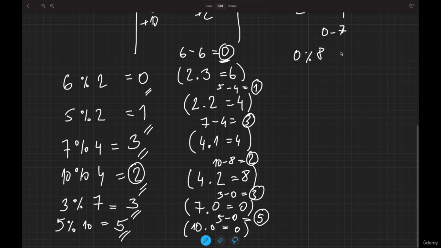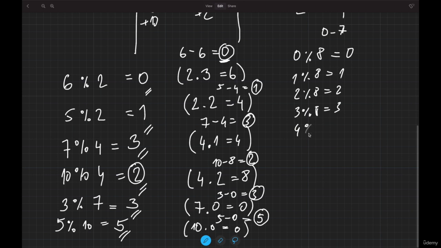So 0 modulo 8 is 0, 1 modulo 8 is 1, 2 modulo 8 is 2, 3 modulo 8 is 3. Basically, until I reach 8, I will always be going like this.